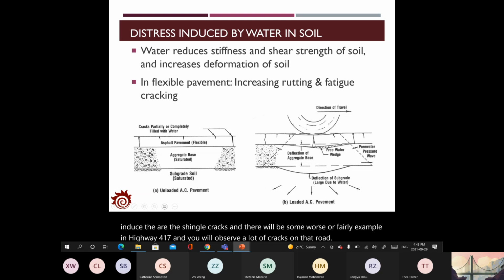And that is the impact of the water on the soil.